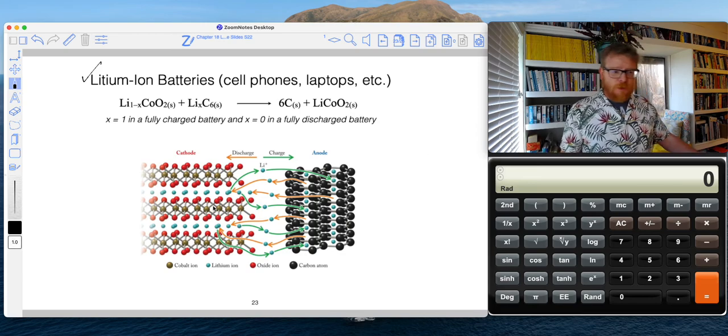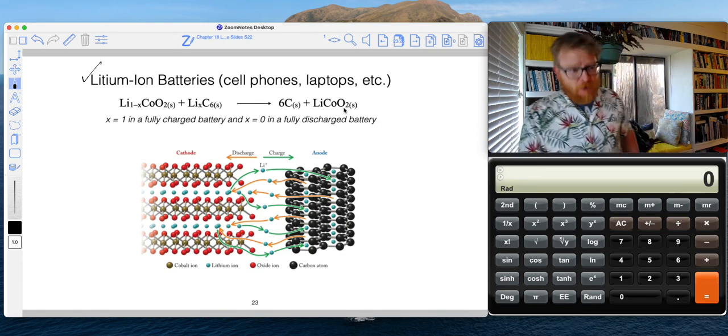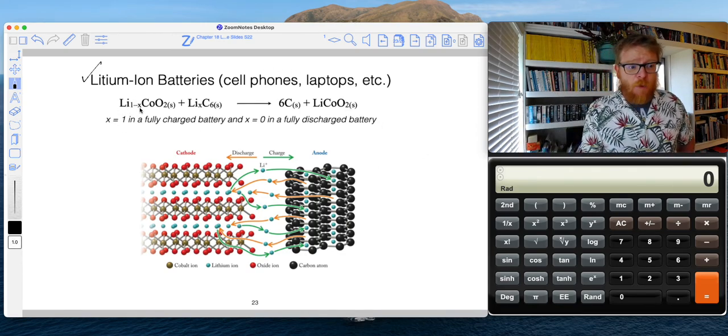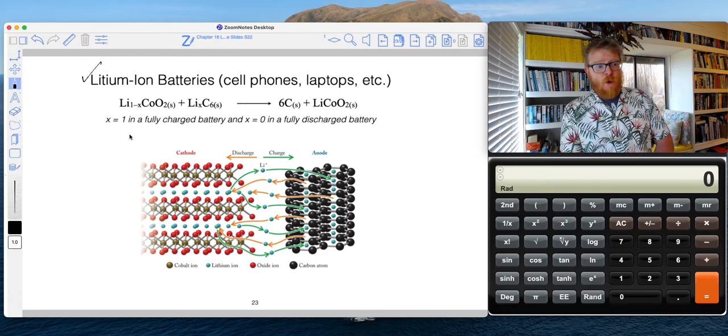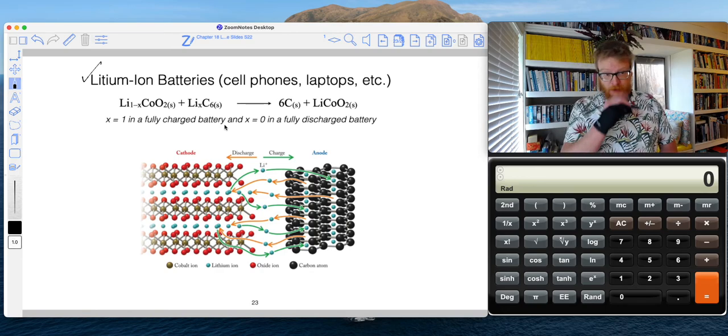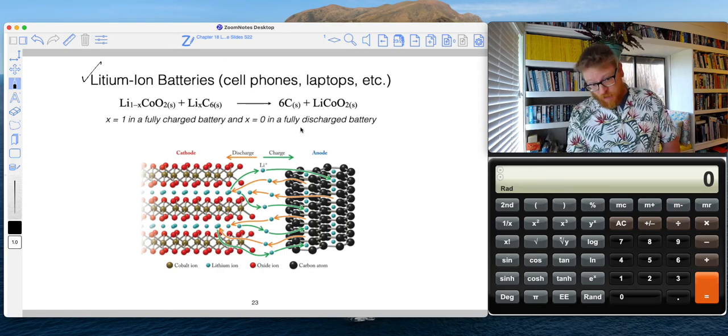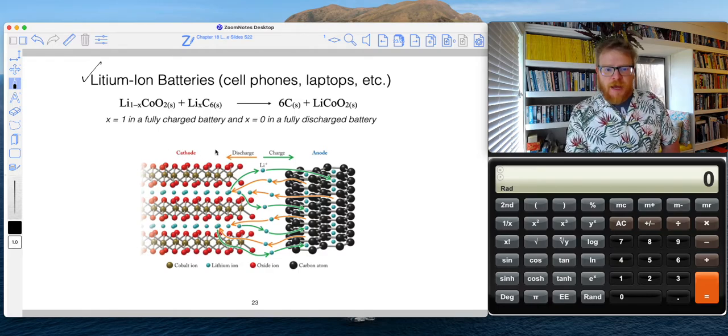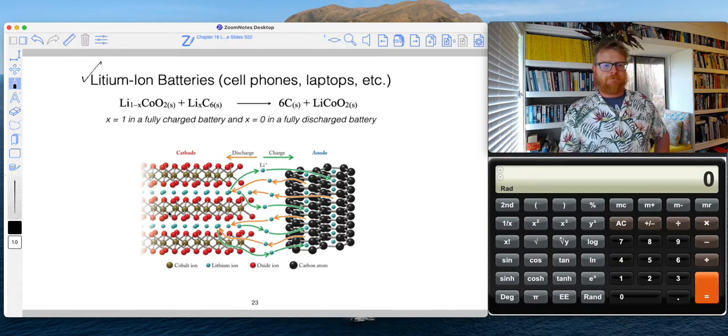Okay. So we have this crazy looking reaction here, Li1-x, where x equals 1 in a fully charged battery, and x equals 0 in a fully discharged battery. So for example, if x equals 0 right here, then we can see I've got lithium over on my cobalt oxide, which is my anode, or the cathode, okay?